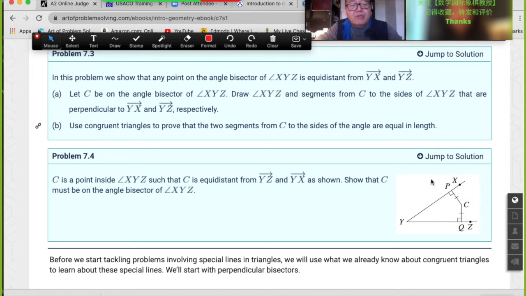So from this graph, connect which two points, then you can form two triangles that you can prove are congruent? C and Y? Yeah. Great. Connect CY. Then can you prove which two triangles are congruent?